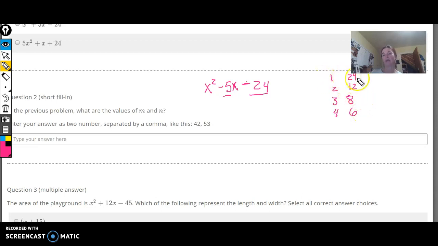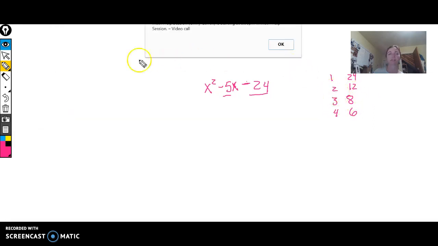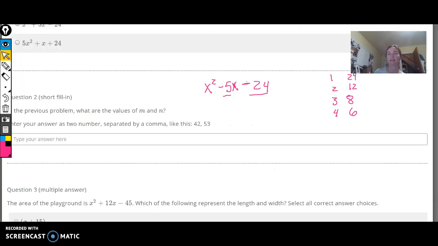So if I had a -1 and positive 24, I'd get 23. -24 and positive 1, I'd get -23. -2, positive 12, I get a 10. -12, positive 2, I get a -10. -3 and 8, I get 5, but -8 and 3, I get -5. So that's what we're looking for, a -5.